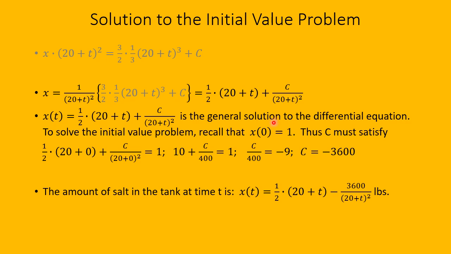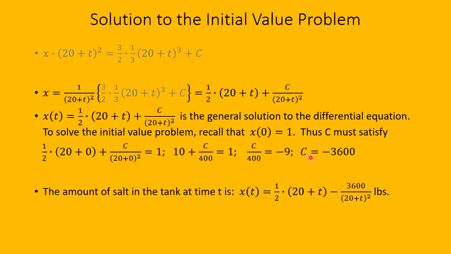We want to solve the initial value problem, so we're looking for the function x of t that also satisfies x of 0 equals 1. So if we plug in 0 for the t here, and thus zeros for the t's over here, this expression should equal 1. And so that's what we have here: 1/2 (20 plus 0) plus c over (20 plus 0) squared equals 1.